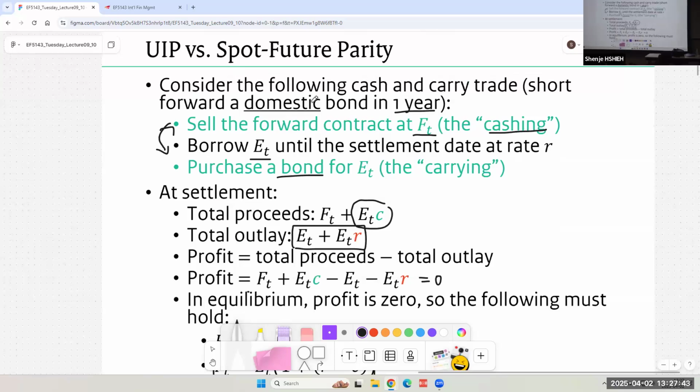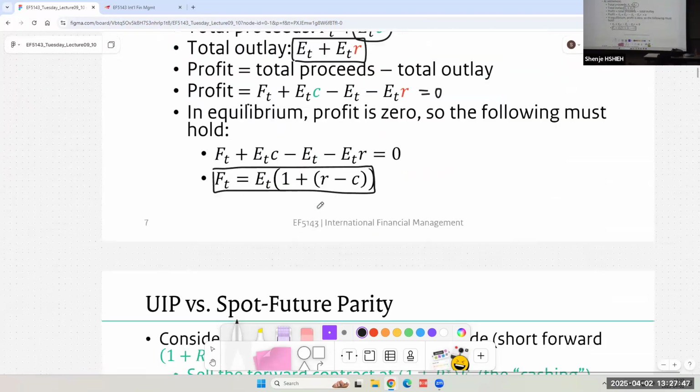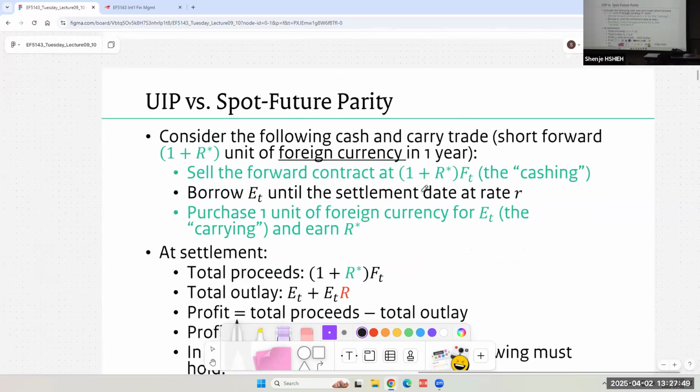Now the relationship between this proof and the proof you saw in week 2 or 3 is different in the sense that I'm creating a different cashing from the get-go. So suppose now the underlying asset that I'm going to deliver is 1 plus R star units of foreign currency. So I'm going to sell forward 1 plus R star times F. This is the cashing. Still borrowing E, and therefore paying E plus E times R still, right?